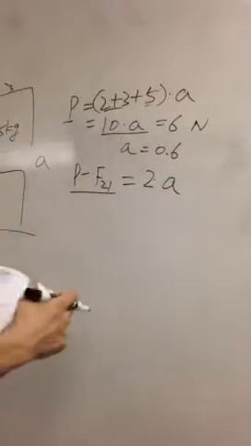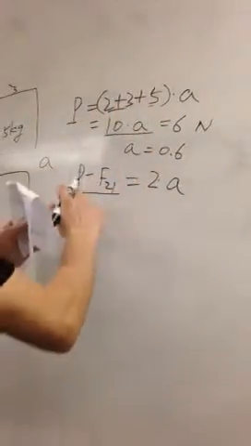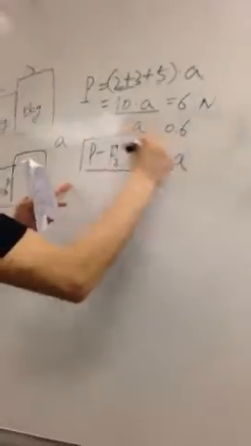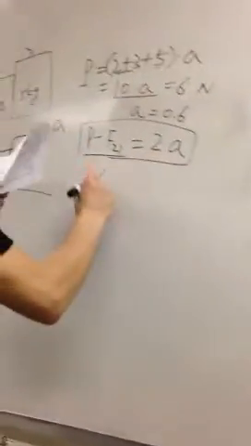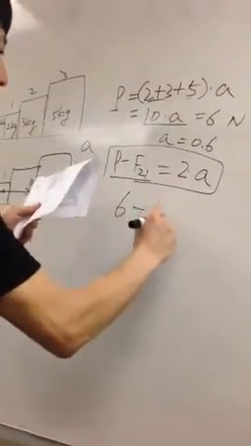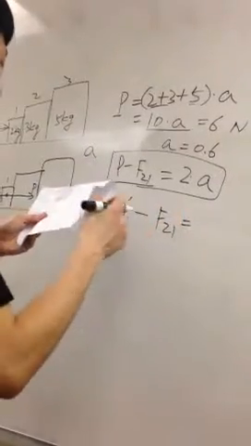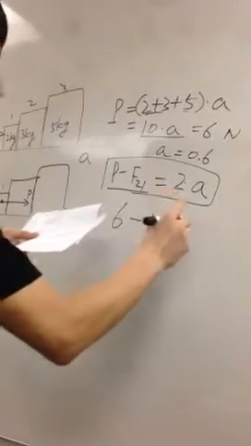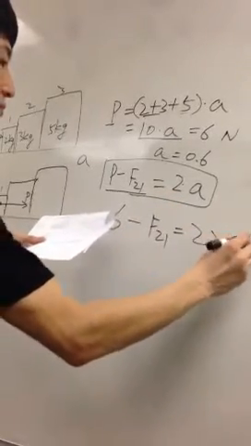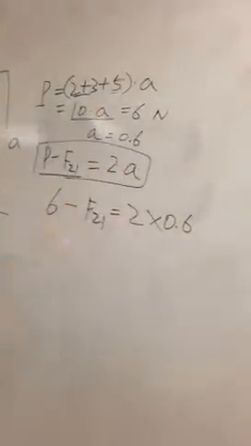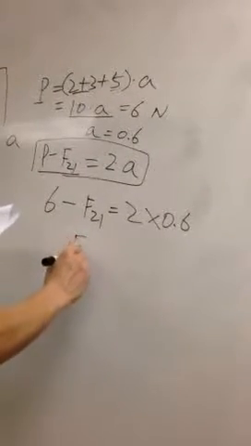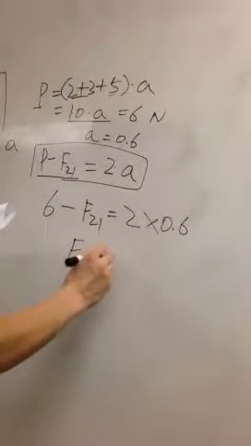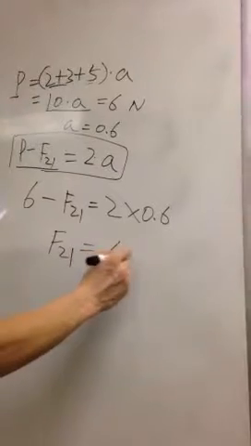Okay? And then we put everything into this equation. P is 6. We don't know the force from block 2 to block 1. We know A is 0.6.